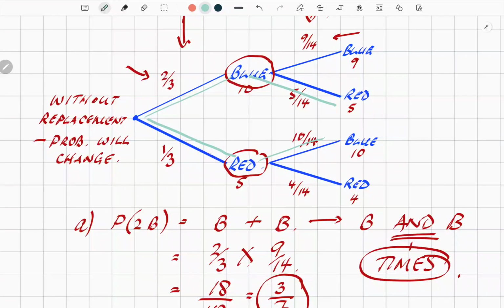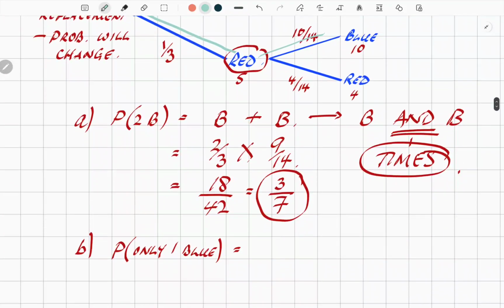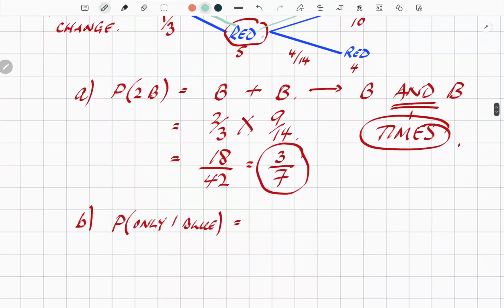So we have two different options, two different possibilities to get the same result. Whenever you're doing this kind of thing where you have different choices, you have to make sure you consider all the possible ways of getting the result.